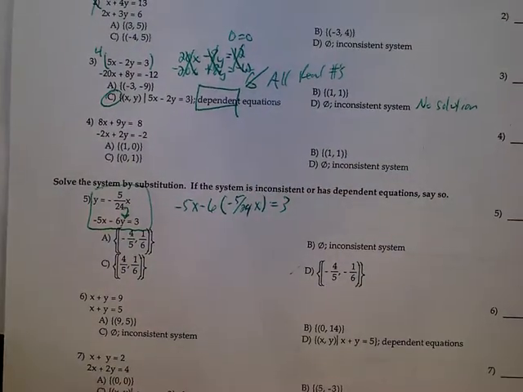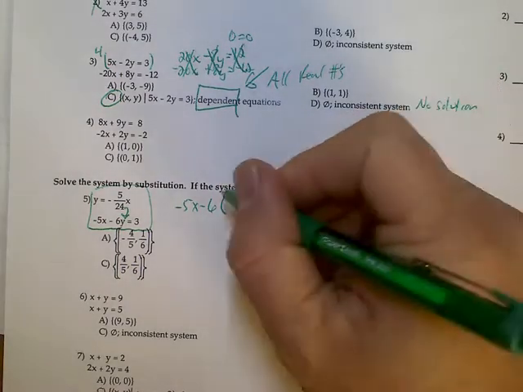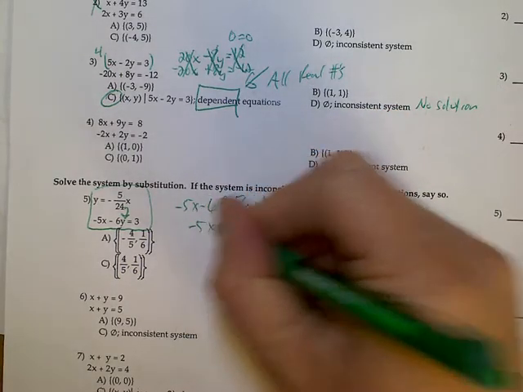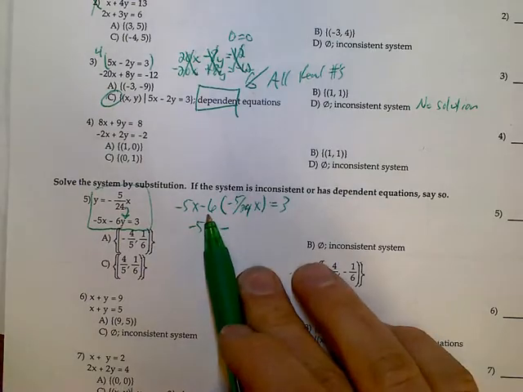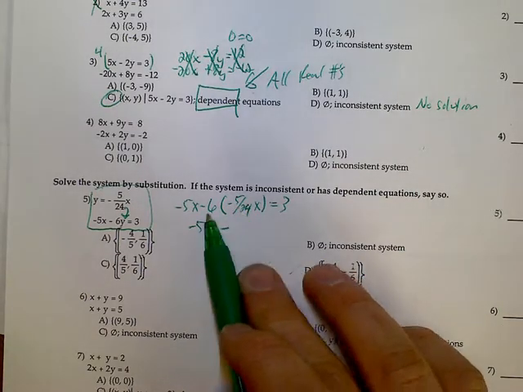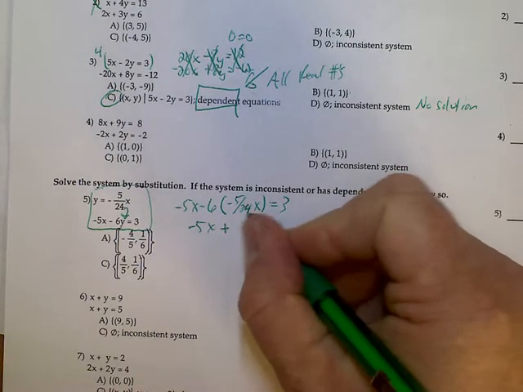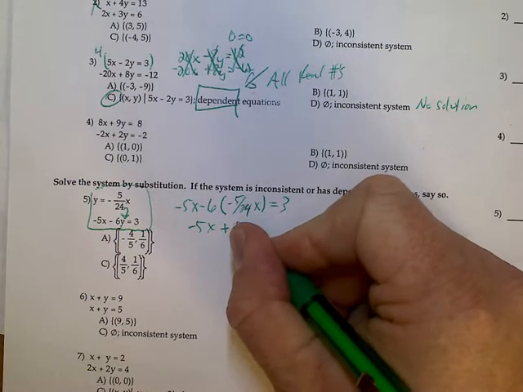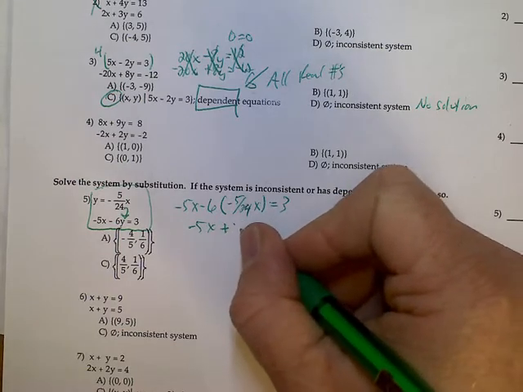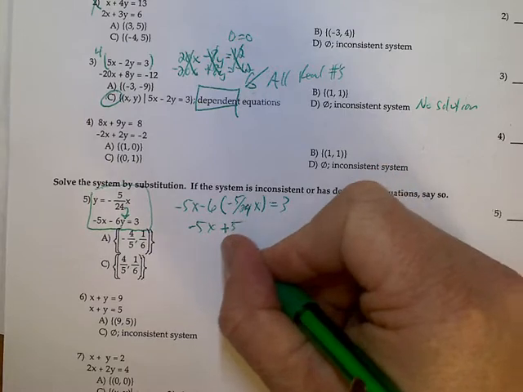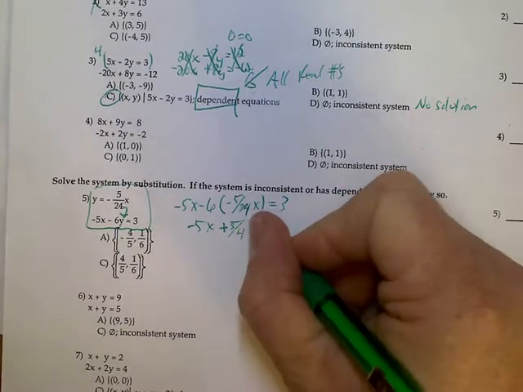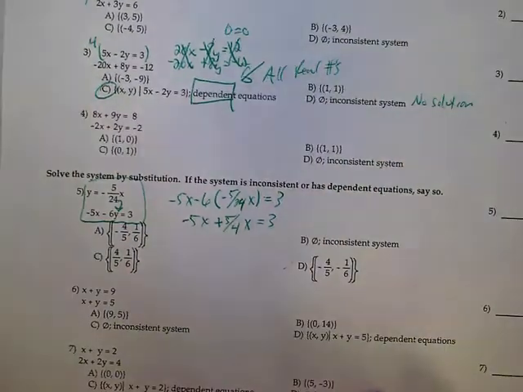So now I just need to solve for x. So that means I have negative 5x minus negative 6 times negative 5 over 24, which would actually give me positive 5 over 4x equals 3.